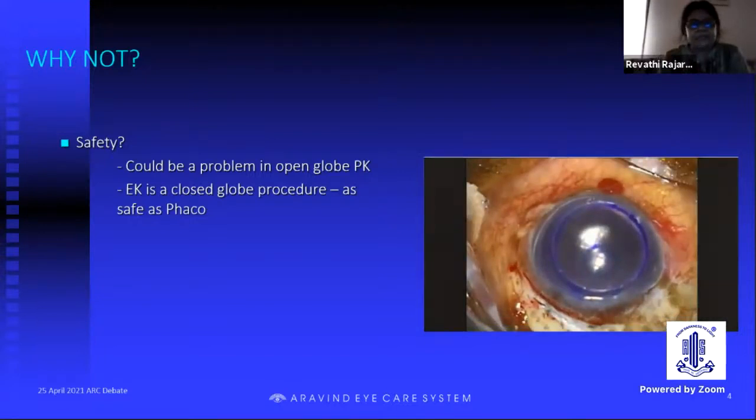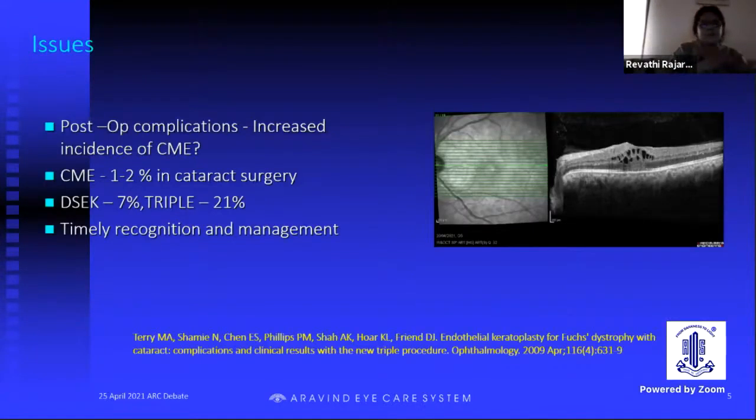Coming to post-op complications, one of the main ones I'd worry about in a combined surgery is CME. CME incidence is definitely higher in phaco with an EK triple compared to either surgery alone. But since we are aware of it, we look for it in the immediate post-op period with sophisticated instruments, and we can go for preventive measures with very good results.